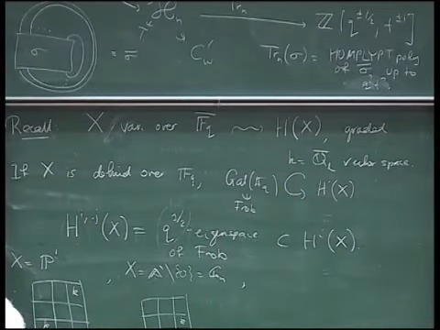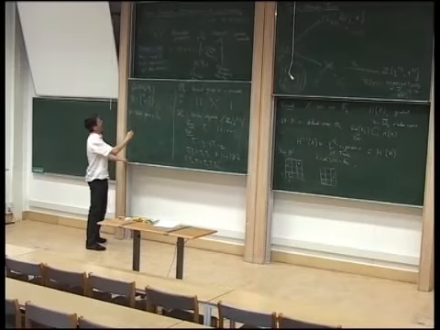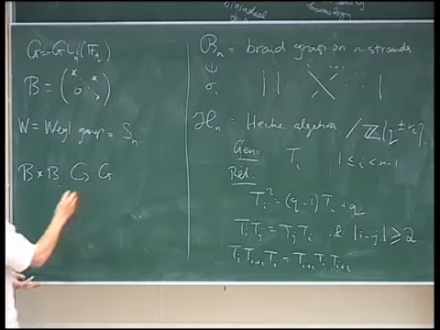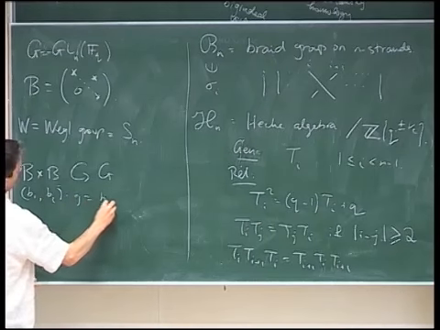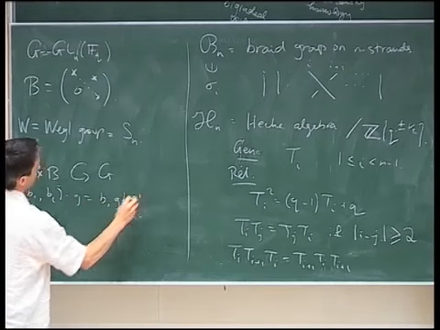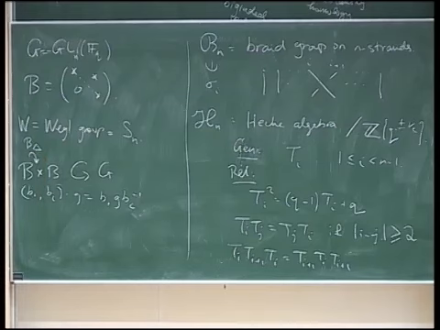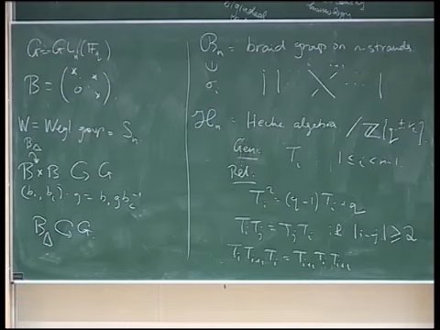So I need one more piece of notation. Here we have B times B acting on G just by (b1, b2) of g is b1 g b2 inverse. But inside B times B, one has the diagonal. And so if I write B delta acts on G, that means B acts via conjugation.